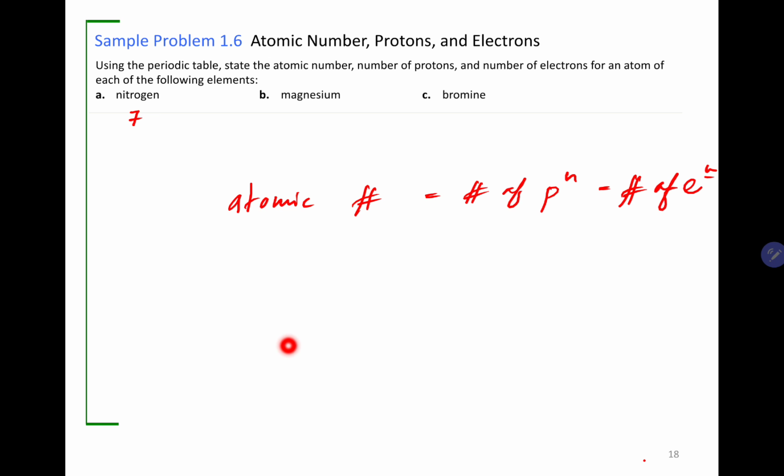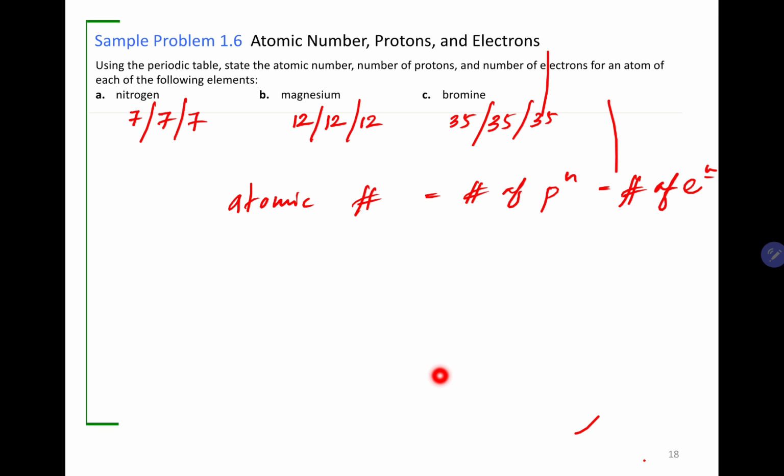So the number of protons should be 7, and the number of electrons should be 7. Magnesium, the atomic number is 12, so the number of protons is 12, number of electrons is 12. Bromine, the atomic number is 35, so the number of protons is 35, number of electrons is 35. Very straightforward. Am I correct?